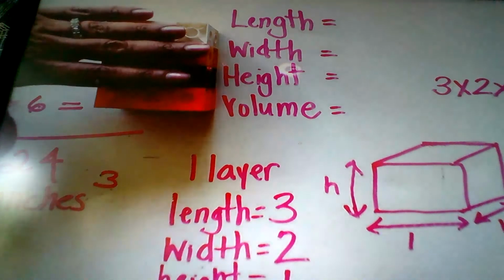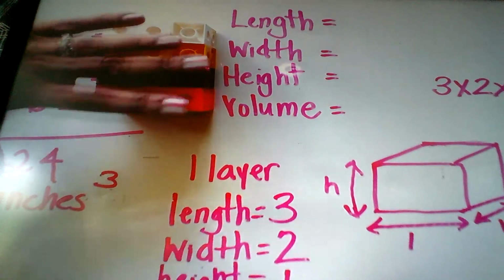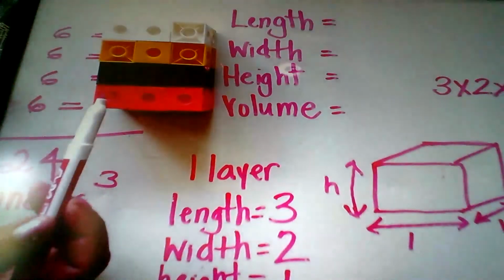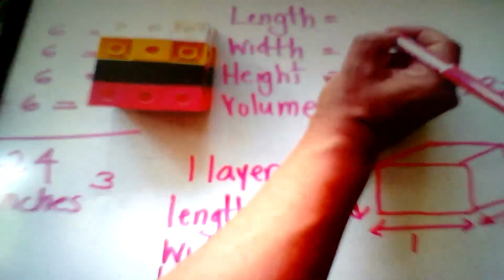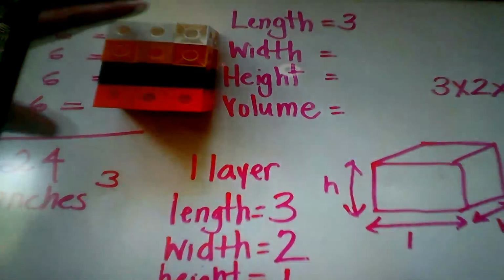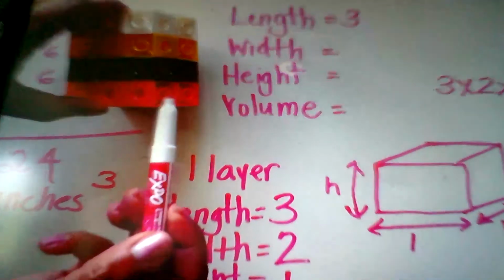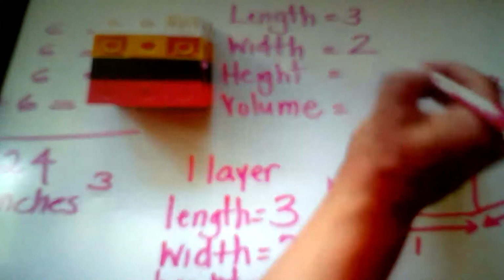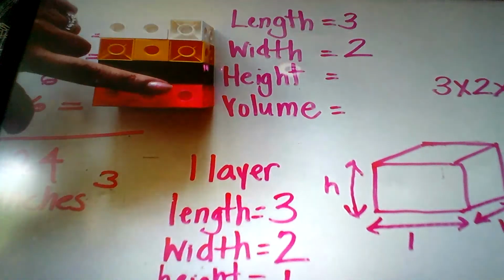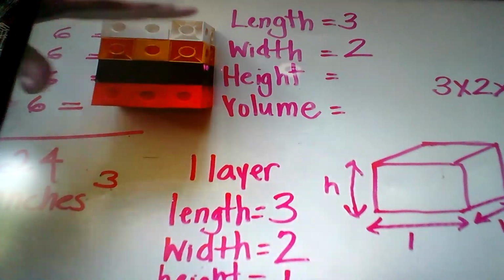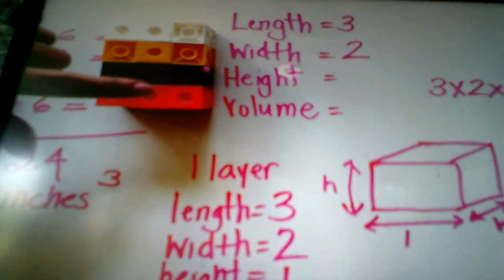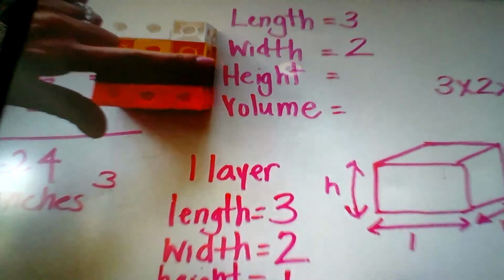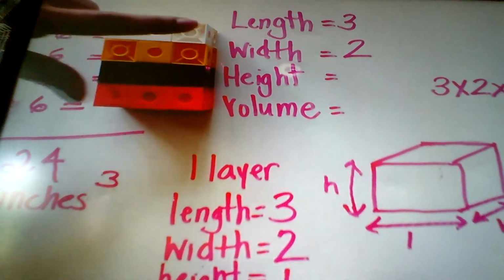Now, if we look at this entire figure, the length of this entire figure is still 3. The width is still 2. But the height changes because we added extra layers to this figure. So the height is 1, 2, 3, 4.